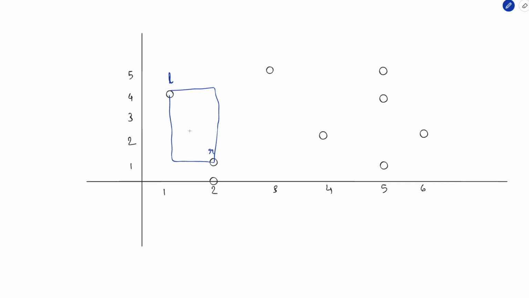Now you also need to check whether there is anyone inside this rectangle or not. How will you do that? One way could be to just iterate over all other points and see how many points are inside this rectangle. You simply iterate over the points and see whether their y coordinate lies between this and this, and their x coordinate lies between this and this, right?